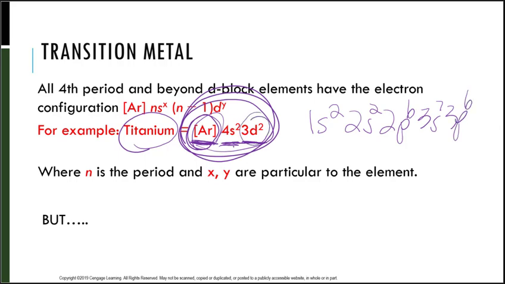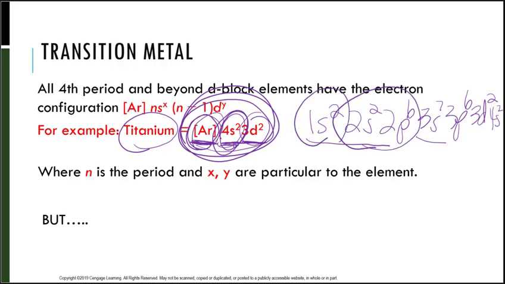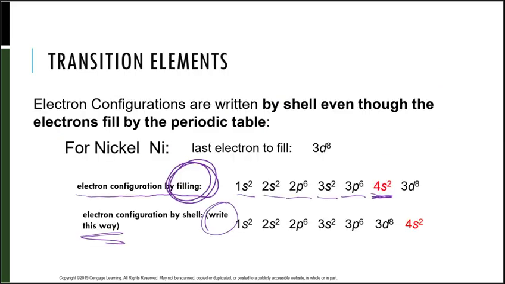Now I need to keep my 3d after that 3p: 3d2, and then I finish with my highest number of 4s2. So notice I have my 1s together, my 2s together, my 3s together, and I finish with 4. Yes, it is not the way that it filled. I always start off by writing it the way that it fills, and then I go back and I group everything together.